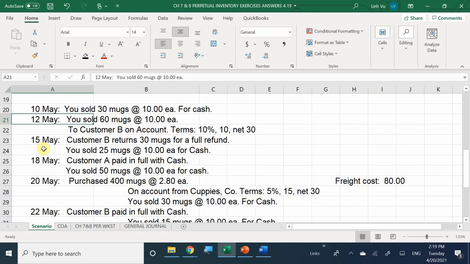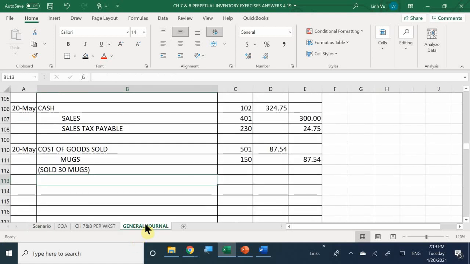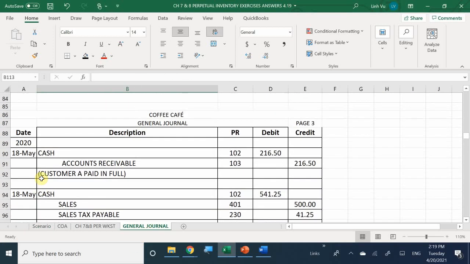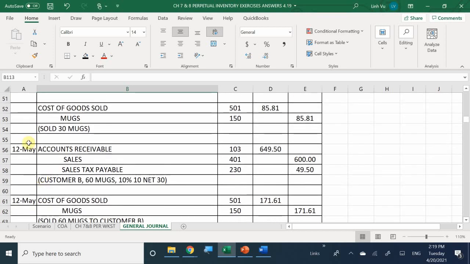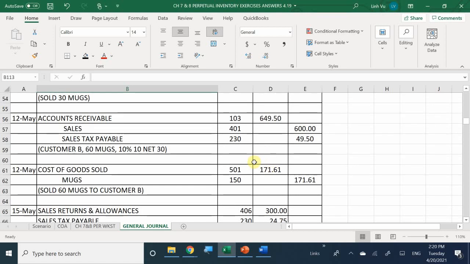So let's go ahead and go to our journal just to verify how much customer B actually owes us. Okay. So here, transaction on May 12th. Customer B owes us in the very beginning $649.50, right? That was the original amount that they owed us. However, we ended up returning half of those items back. We gave them a full refund for half the items.